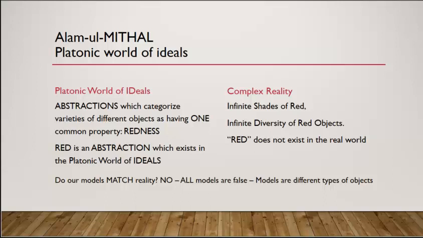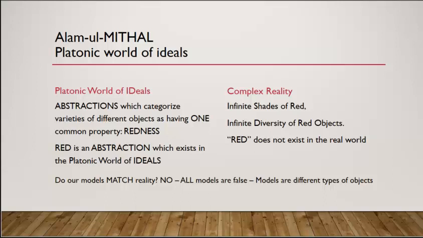And our process of thinking operates in this alam al-mithal, in this world of perfection and ideals. There are many examples of ideals. For example, there's the perfect circle which exists in our mind. There is the Euclidean line. The Euclidean line is something which can only exist in our imagination because it goes from minus infinity to plus infinity. Reality is finite. It doesn't go from minus infinity to infinity.